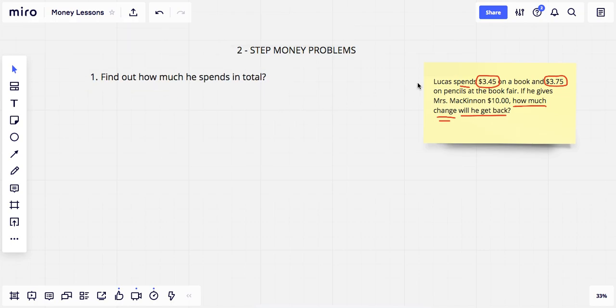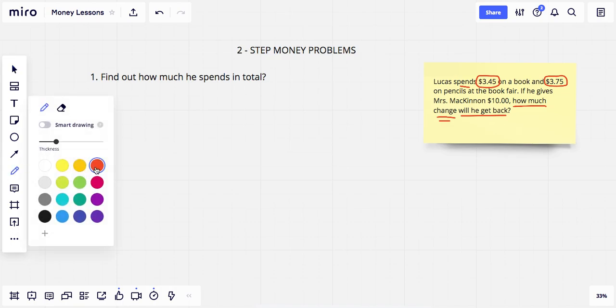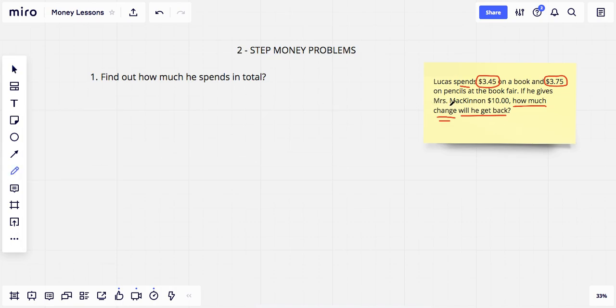So let's look at the problem again. He spends $3.45 on a book and $3.75. So what operation do you think we're going to use for this first part to figure out how much he spends in total? Here's your key right there. That's our thinking. We're going to add these values up.